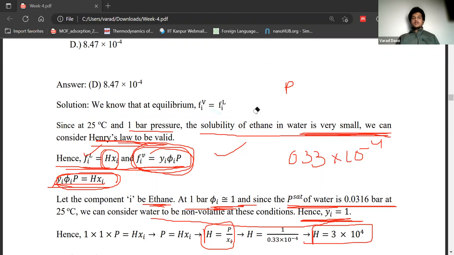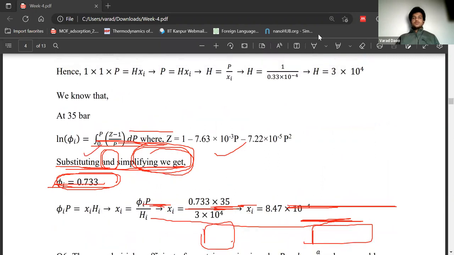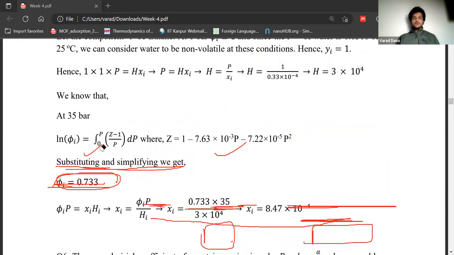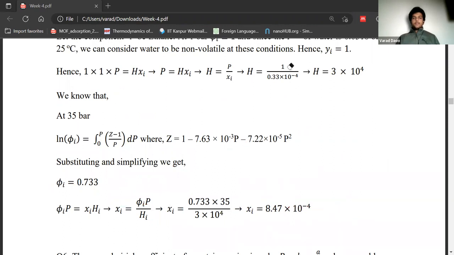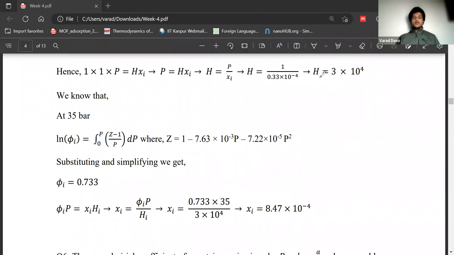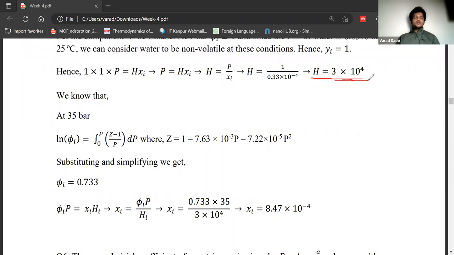Before that, I will just clear this up. Now we have got the Henry's law constant, and we know that at 35 bar, this is the standard expression to calculate the fugacity coefficient, which we discussed in the previous class.